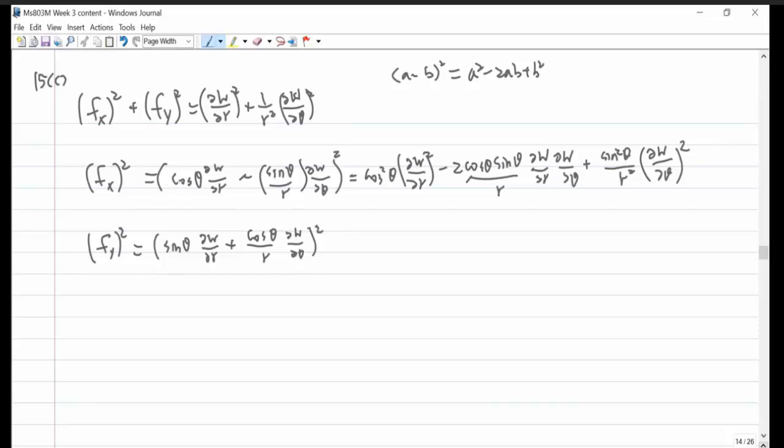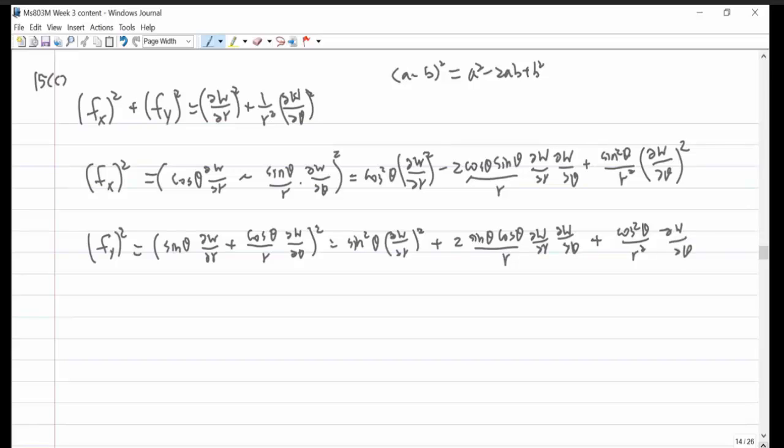So when you square it, this is sine square theta dw dr square. Plus now 2 sine theta cosine theta over r, and then dw dr dw d theta, then finally cosine square theta over r square dw d theta square.